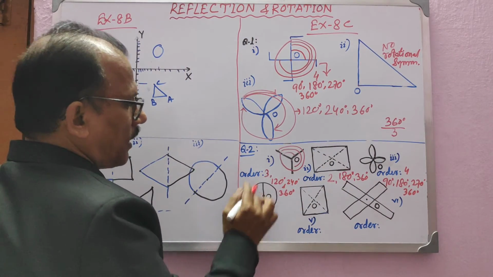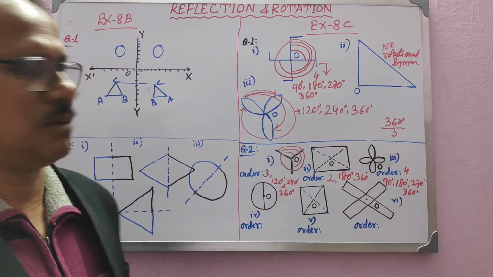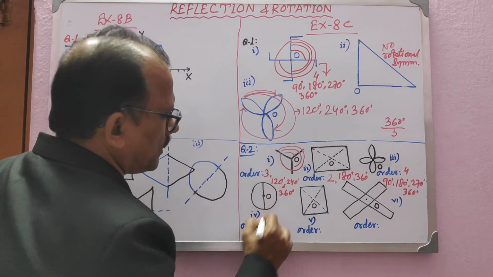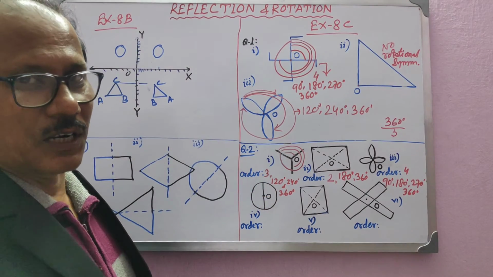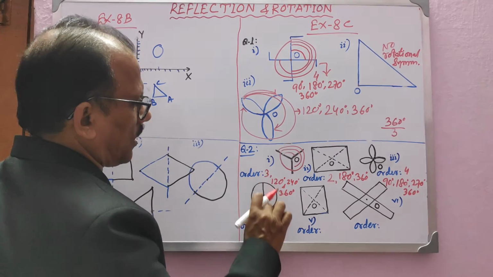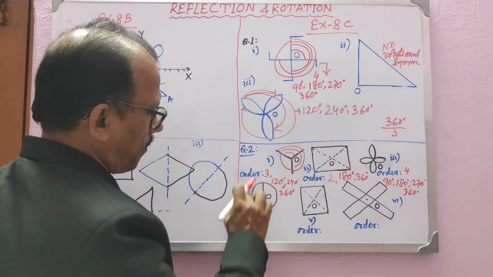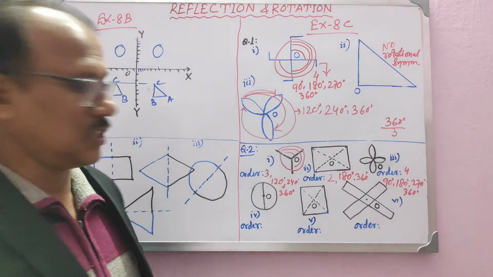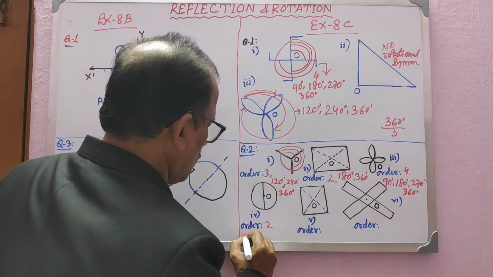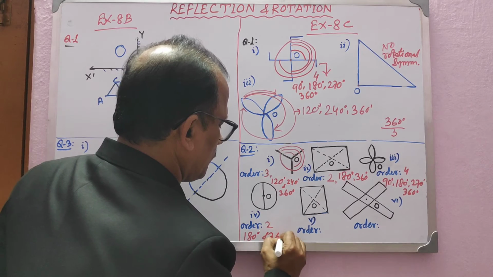Okay, this circle will have numerous rotational symmetries, but once the diameter is drawn in the circle, it will have order 2, because this end has to come here, and it will be symmetrical, that is 180 degrees, and this end has to come back to its original position, that is 360 degrees. So order 2 in this case, that is 180 degrees and 360 degrees.